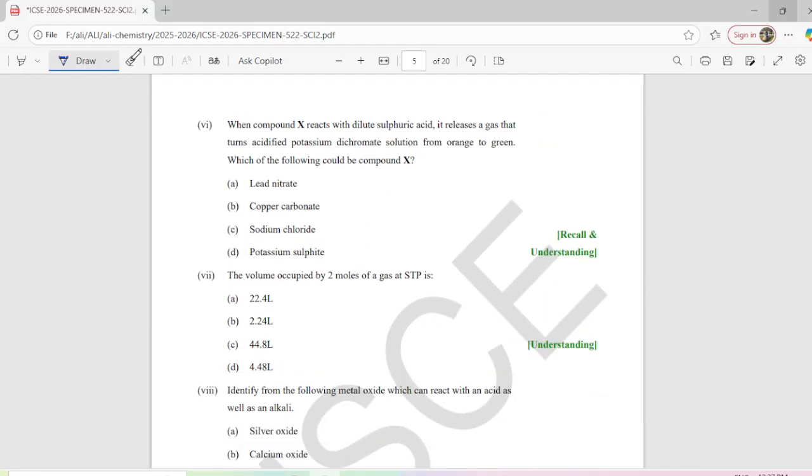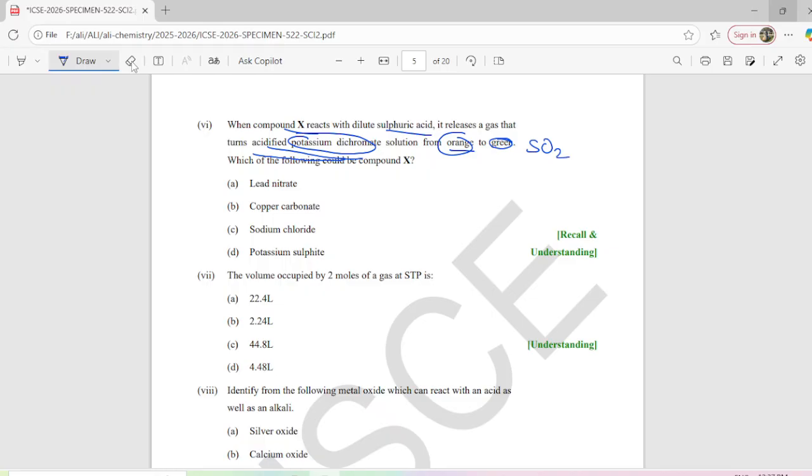Next, when compound X reacts with dilute sulfuric acid, it releases a gas that turns acidified potassium dichromate from orange to green color. A gas which turns potassium dichromate from orange to green color is nothing but sulfur dioxide.